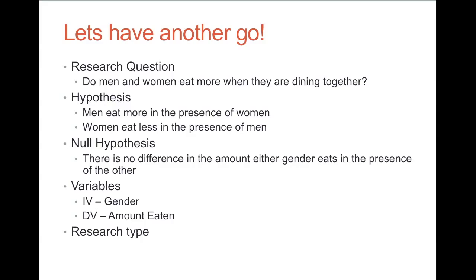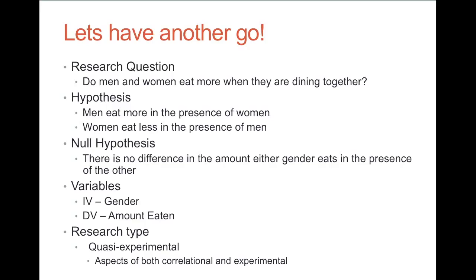So, as I had talked about before, this is not an actual experimental design. This is quasi-experimental, as I noted here. I'm going to jump ahead myself a little bit. And the dependent variable is going to be the amount that each person eats.